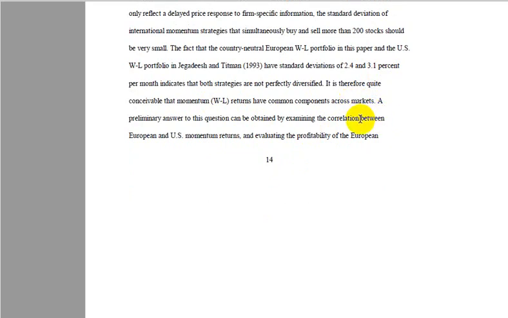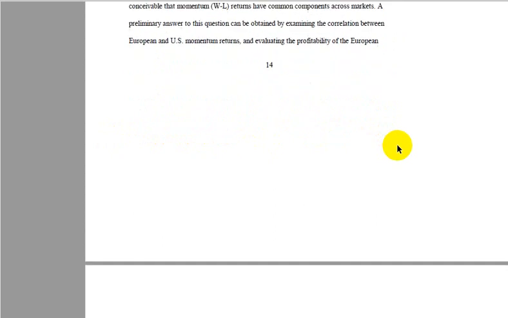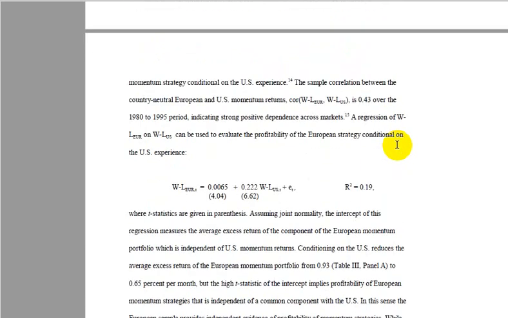So to see how pronounced that effect is, we're going to take a look at the correlation between European and U.S. momentum returns. Initially we found the correlation between the country-neutral European portfolios and the U.S. momentum returns to be about 0.43, so that's a pretty high correlation over the 1980 to 1995 period.